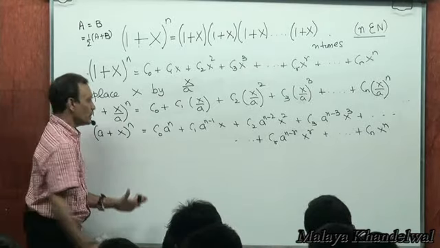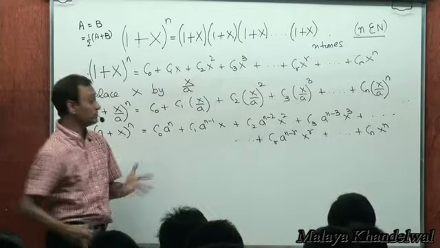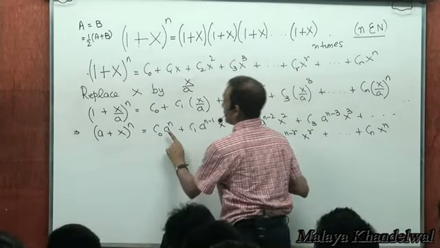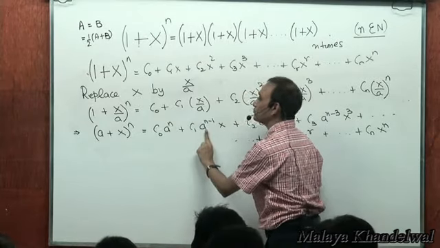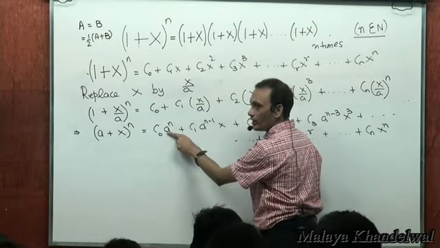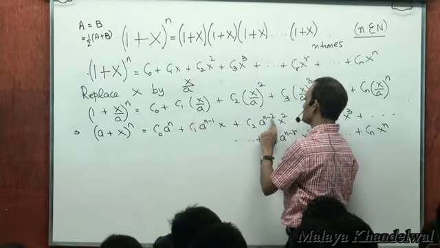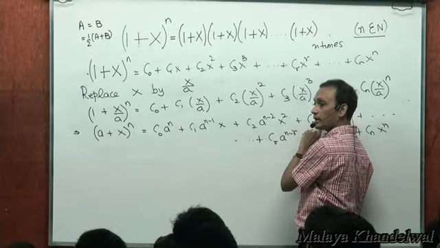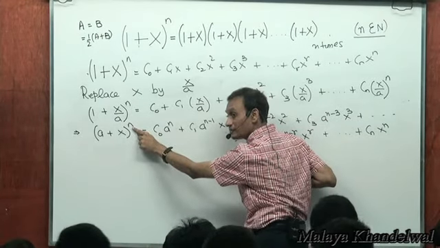Right? Which is the generalized binomial theorem, in the sense that you see the sum of the powers of a and x in each term is n. x power 0, a power n. a power n minus 1, x. Sum of the powers is n. Sum of the powers is n. Right? And the number of terms would be one more than this, n plus 1.